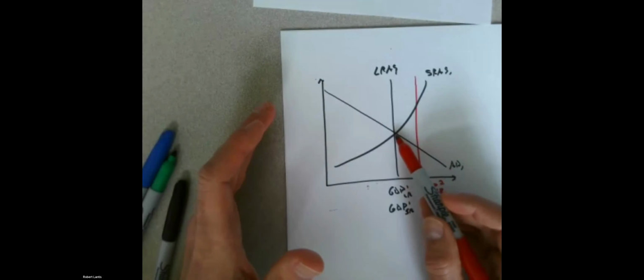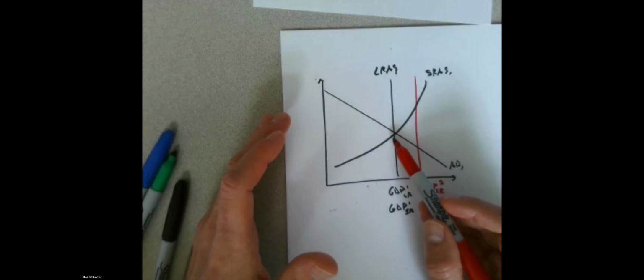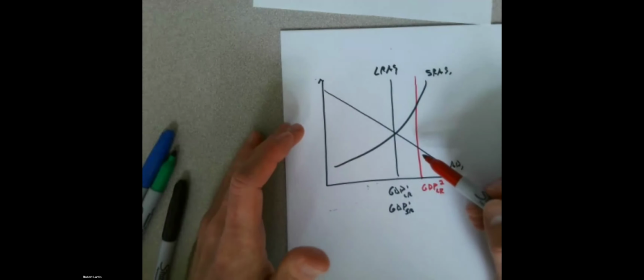However, if we increase our long run GDP, what happens to our short run GDP? Well, aggregate demand and short run aggregate supply haven't shifted. And even if they did, if short run aggregate supply shifted a little bit, we would still end up at a point where that short run GDP is now less than our new long run GDP. So what type of gap would we have here? GDP is too low, so a recessionary or deflationary gap.